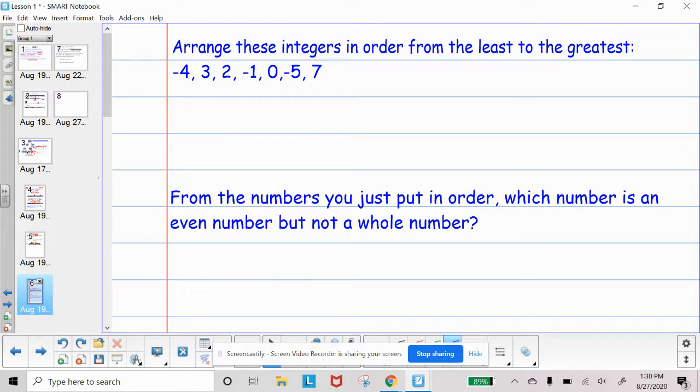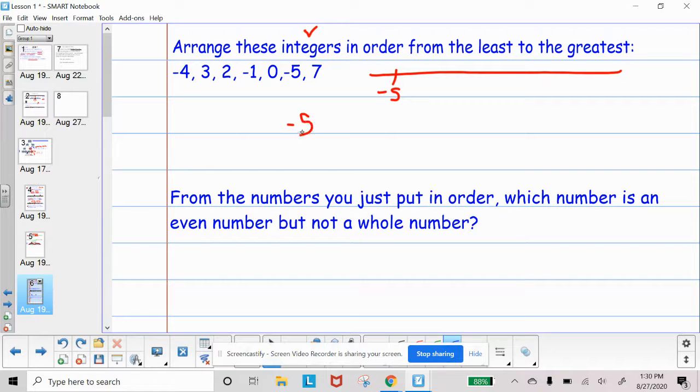Okay, let's do some examples. So I'm going to arrange these integers, which are positive and negative whole numbers, in order from least to greatest. So I want to imagine a number line and think which one will be farthest to the left. So wouldn't -5 be farthest to the left?